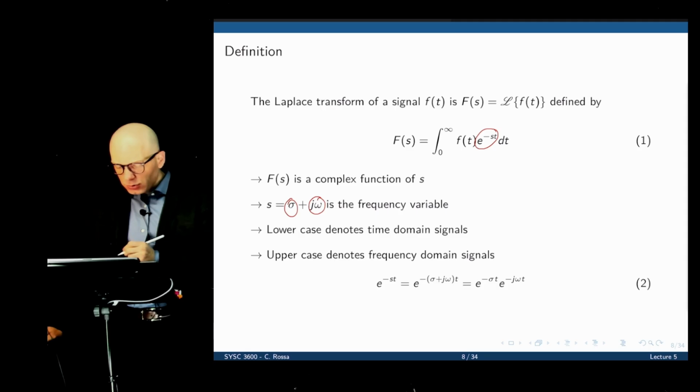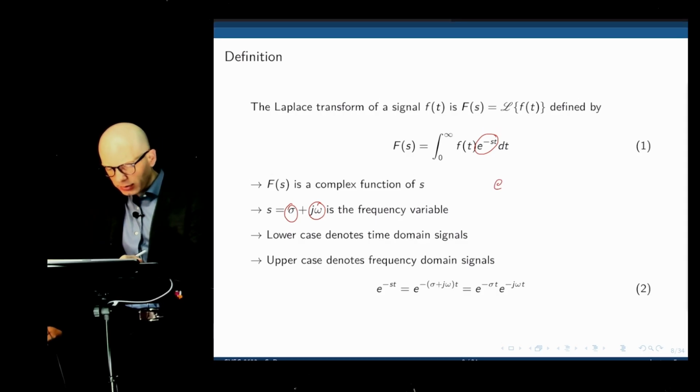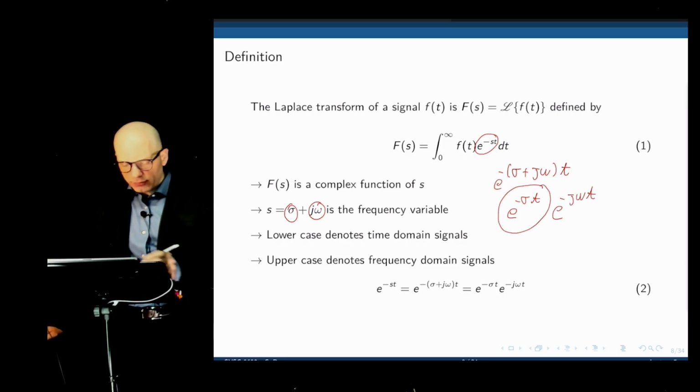So if s has two components, we can see that by replacing exponential of minus st with those components, negative sigma plus j omega times t, we can write this as an exponential of negative sigma t, times exponential of negative j omega t. The first is a real number, an exponential waveform.